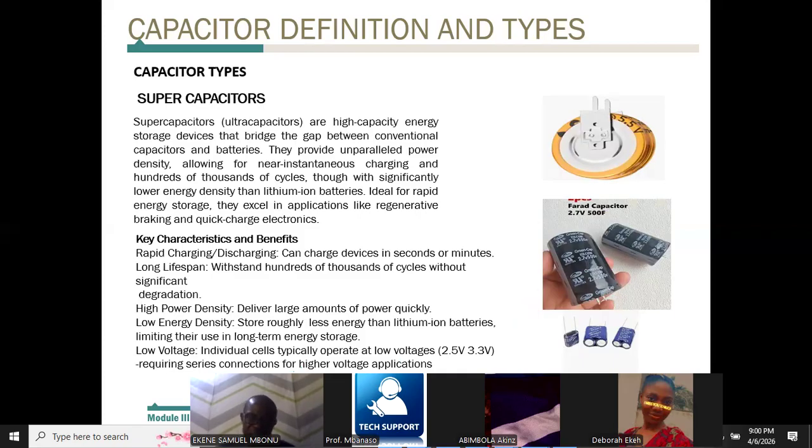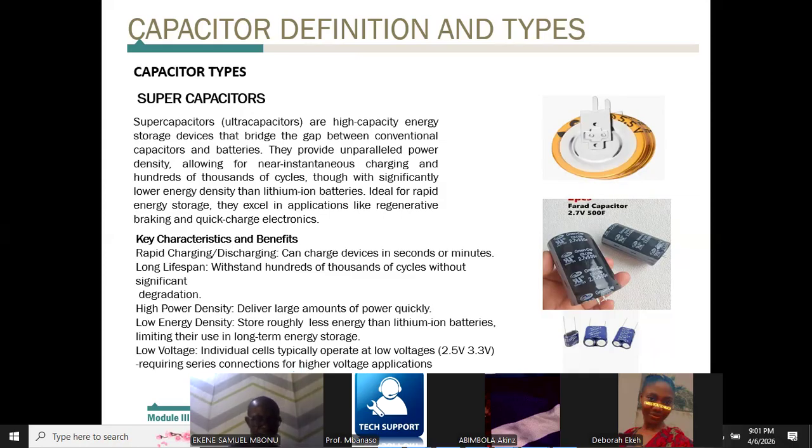They provide unparalleled power density, allowing for near instantaneous charging and hundreds of thousands of cycles, though with significantly lower energy density than lithium-ion batteries. Ideal for rapid energy storage, they excel in applications like regenerative braking and quick large electronics. Okay, these are employed in electric vehicles.